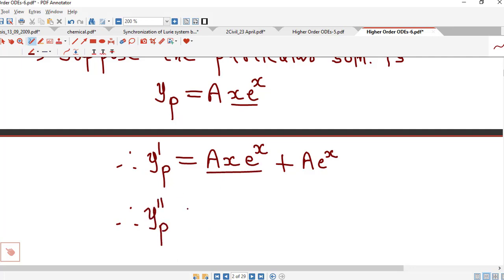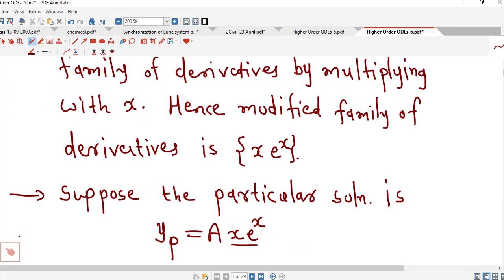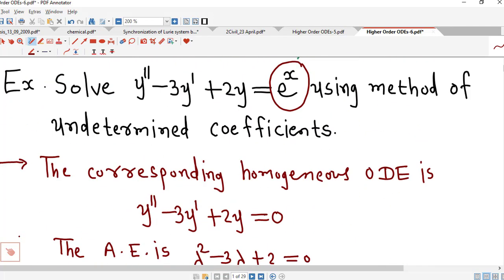Same thing here, a x e raised to x, x as it is, derivative of e raised to x is e raised to x, plus e raised to x as it is, derivative of x is 1, and derivative of a e raised to x is a e raised to x. So this is 2 times a e raised to x plus a x e raised to x. So we have all these derivatives which are required.